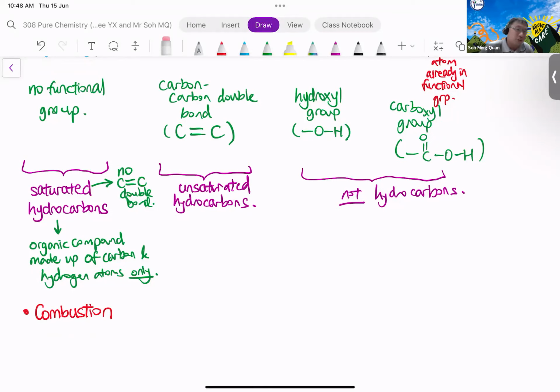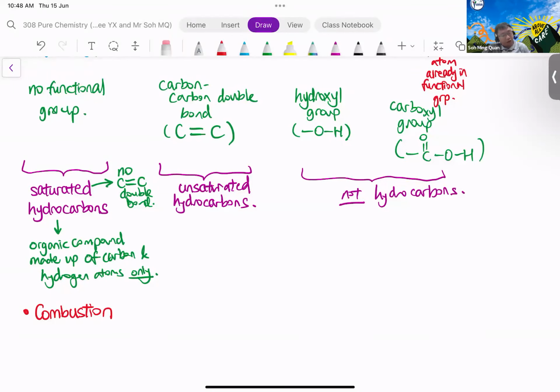So combustion, there are two types, complete, incomplete. Complete combustion occurs when it's in excess oxygen. So complete combustion produces CO2 and H2O only. Whereas incomplete combustion produces carbon monoxide.